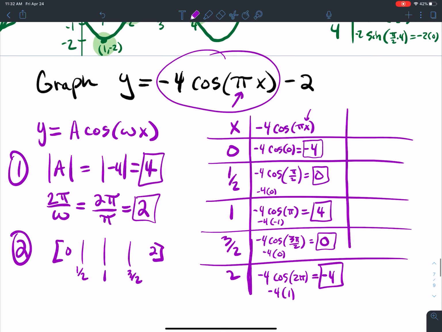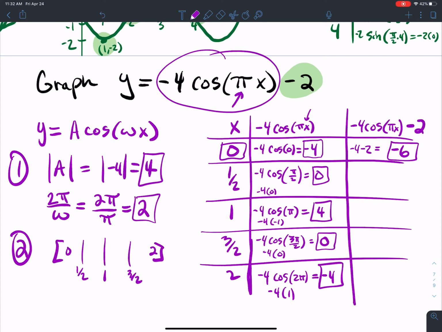Now, that's not what we're wanting to graph. At that point, what we've done in the past, we would be finished. But this says I want to subtract 2. So I take what I just found, -4 cosine pi x, and I want to subtract 2 from that value. So if I take -4 and I subtract 2, I get -6. So that's my y value that is associated with the 0.